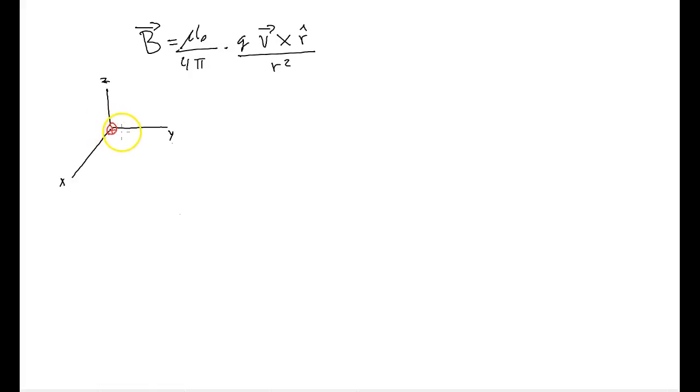So x is equal to 0, y is equal to negative 0.5, so call that right here. And the units here are meters. And z is equal to 0.5, so an equal distance up here.